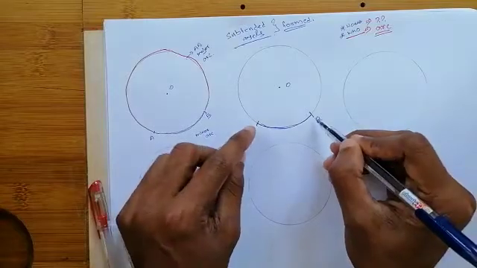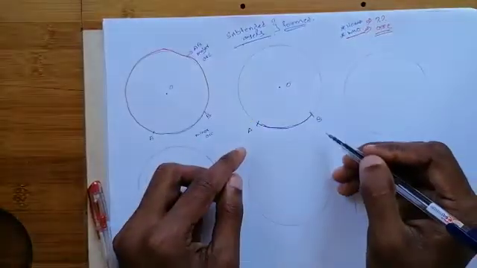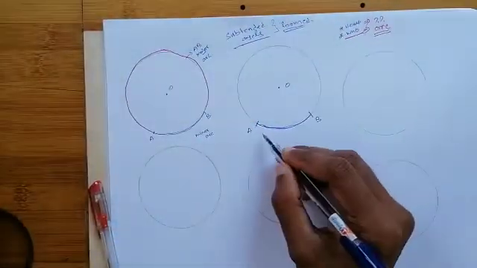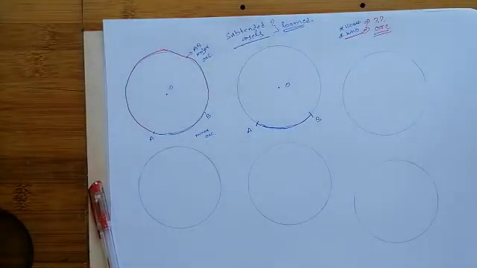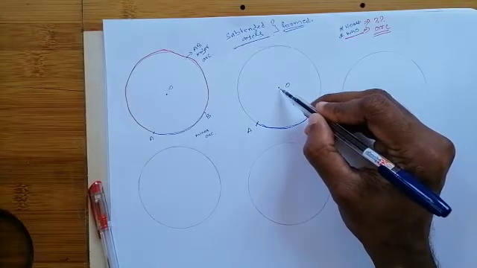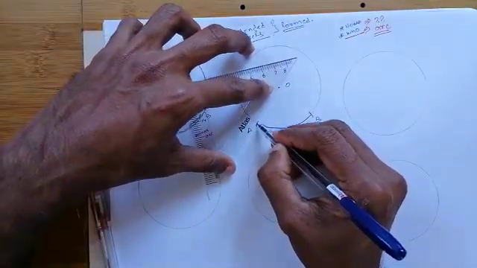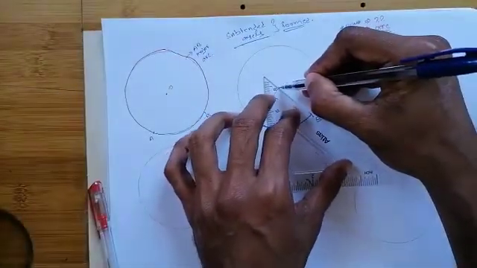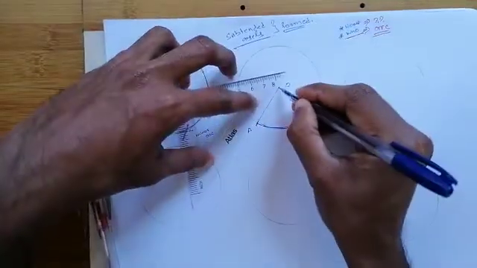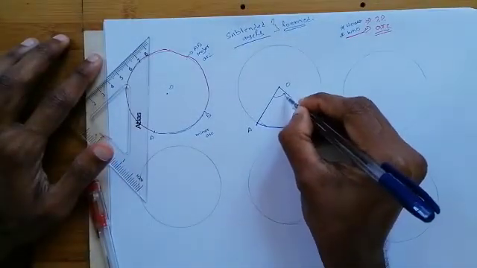We need to connect the ending points of the arc to that particular point. One is A, the other point is B. So we connect the ending points of AB to O, and we'll have an angle at the center.